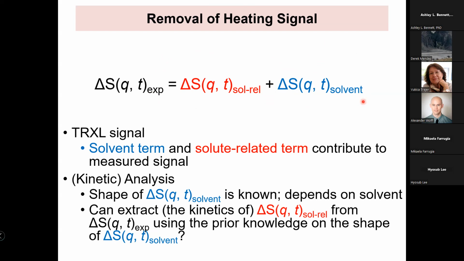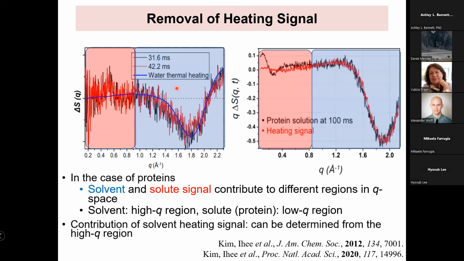This process is quite straightforward for TRXL data of proteins or other macromolecules, because in proteins, the structural signal primarily contributes to the low Q region and the solvent term contributes to the high Q region. So to remove the heating signal, we can simply scale the solvent signal, in this case the buffer signal, to match the high Q region of the experimental data.